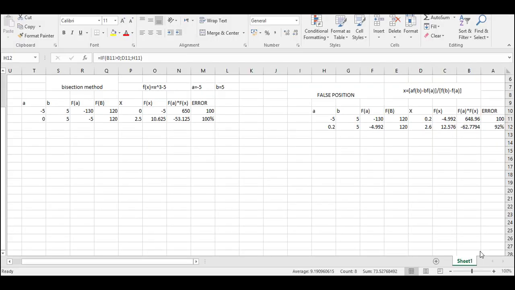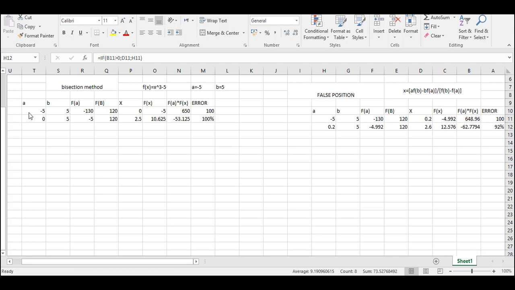Okay guys, now we will talk about the second method, which is called the false position method. The technique which is used to get the value of x, I mean the root of the equation, doesn't change, only the rule or the formula of x changes.